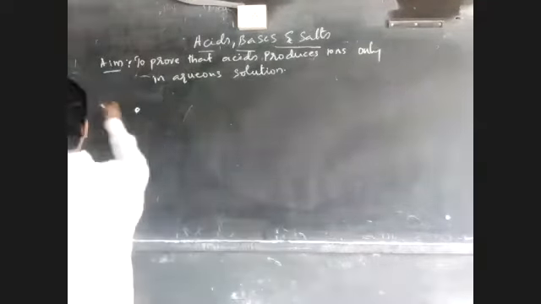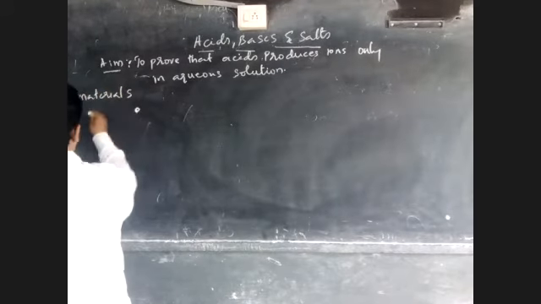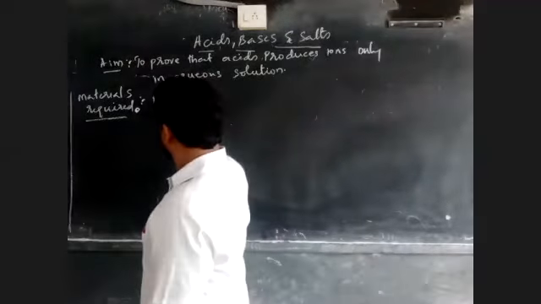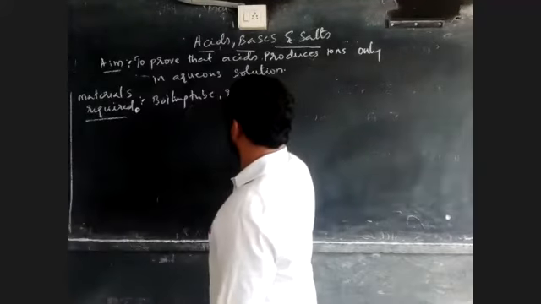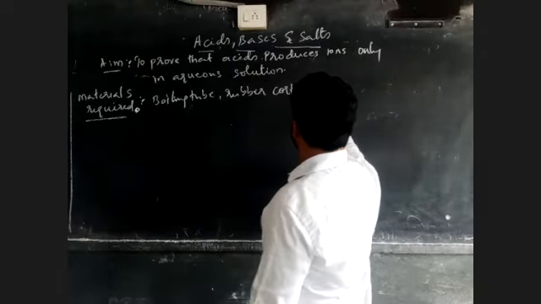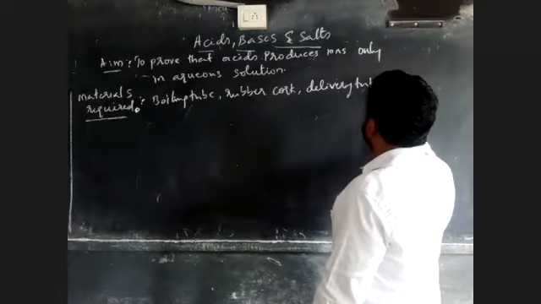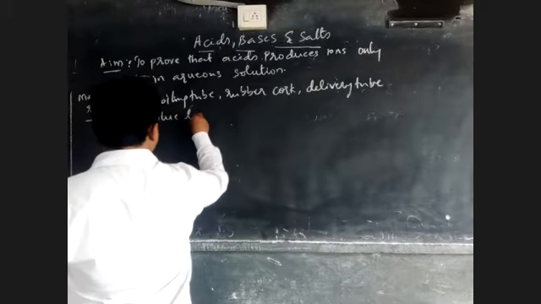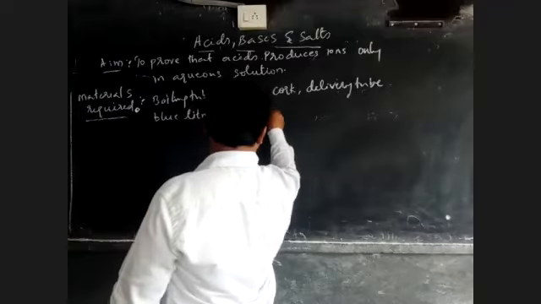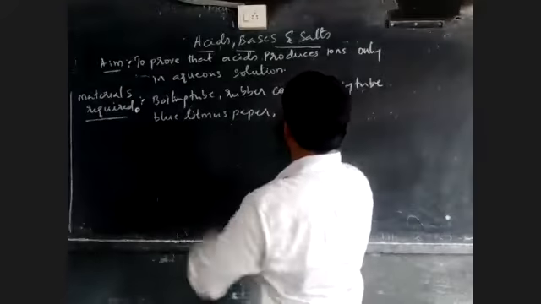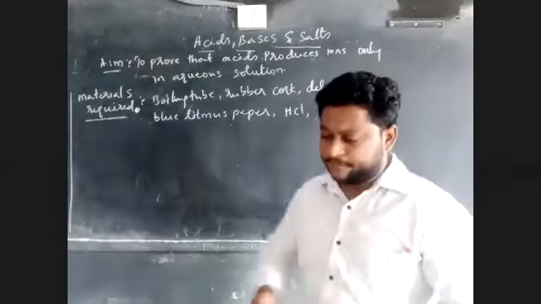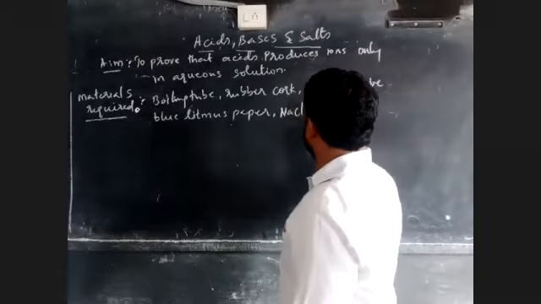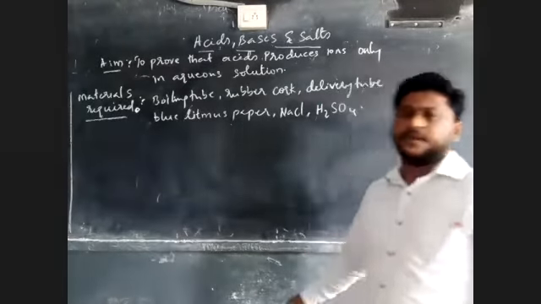Okay. Now, materials required. Boiling tube, rubber cork, delivery tube, blue litmus paper, and then NaCl and H2SO4.